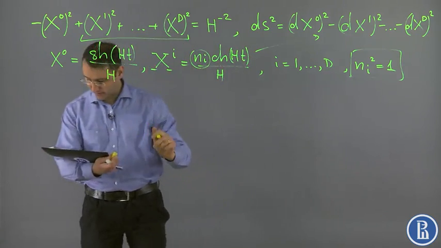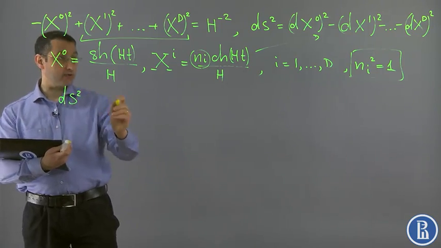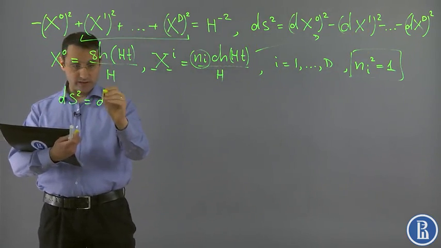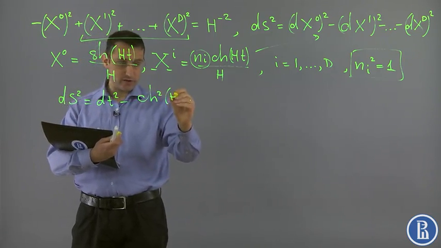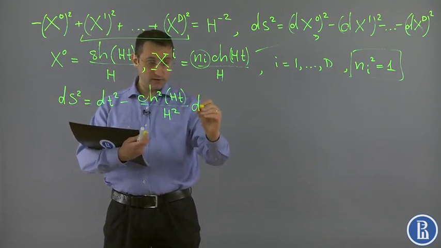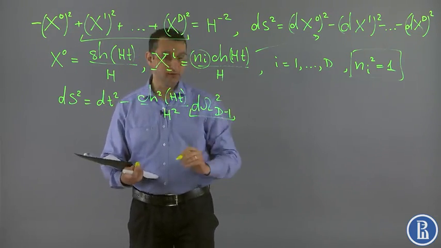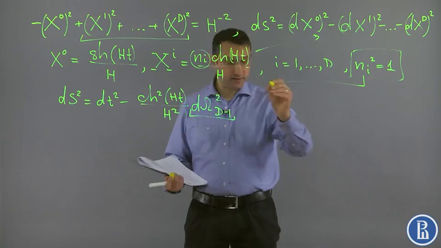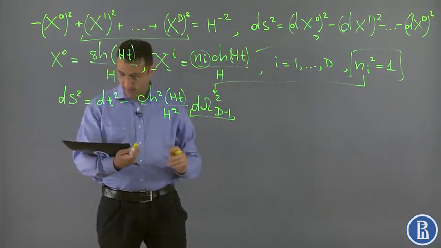The metric induced on this space is dt squared minus hyperbolic cosine squared of ht over h squared times d omega d minus 1 squared. So this is a d minus 1 dimensional unit sphere, and it appears exactly from here. How to see that?